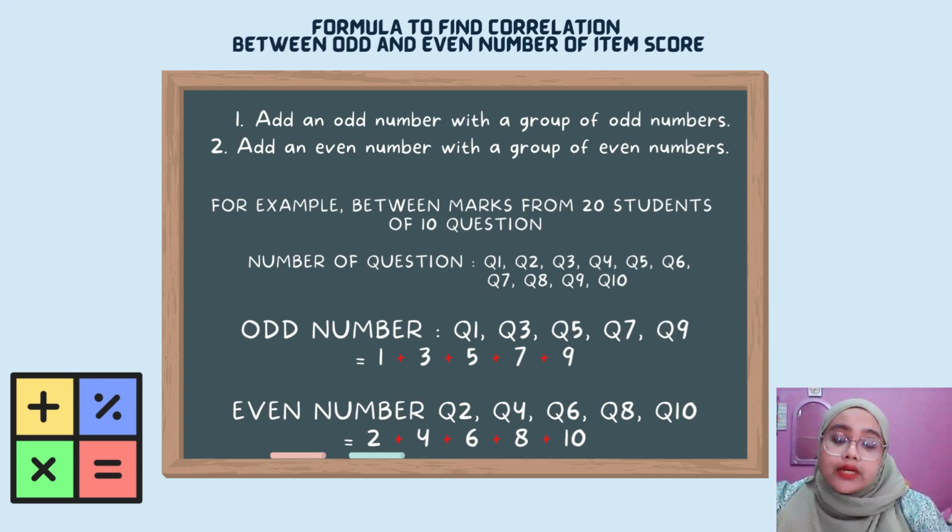The even numbers are question 2, question 4, question 6, question 8, and question 10, and you must add mark of question 2 plus mark of question 4 plus mark of question 6 plus mark of question 8 plus mark of question 10.